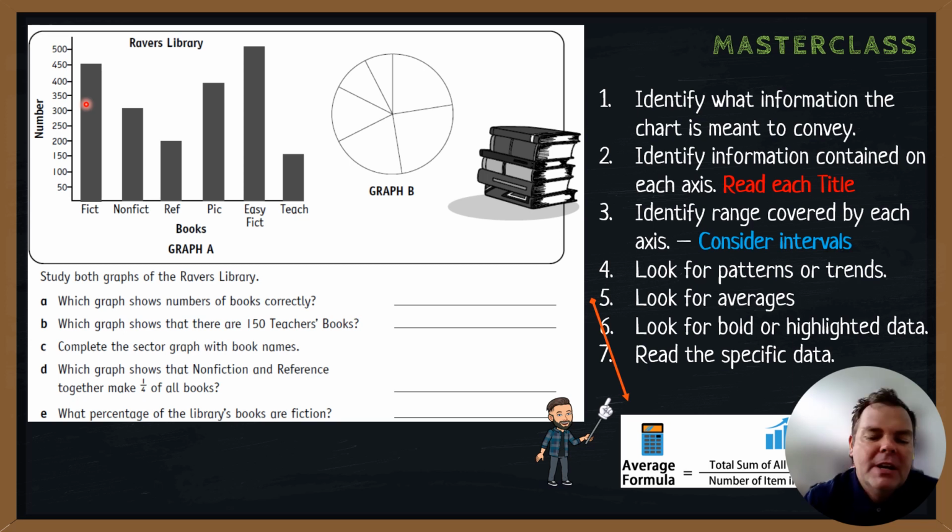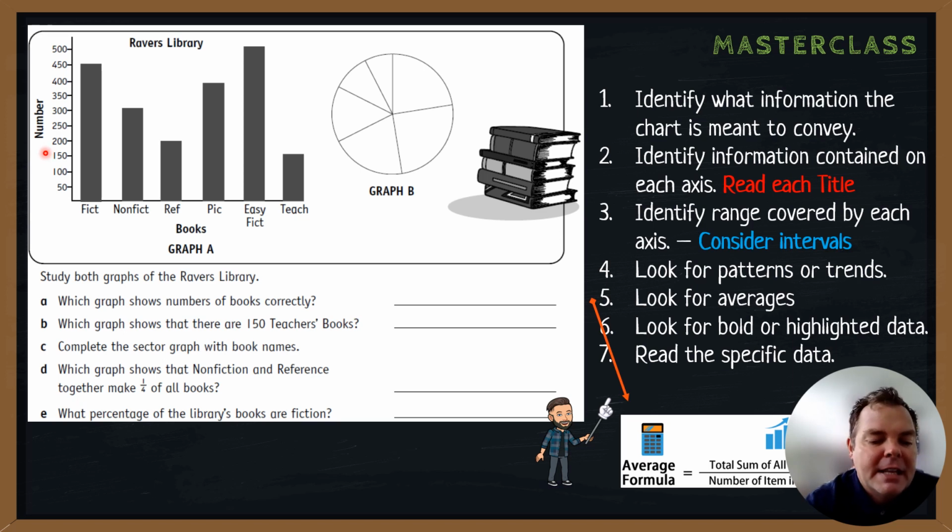I want you to consider the intervals that the person's chosen. You can see here that they've chosen groups of 50. That's consistent. We want to make sure that numbering system is consistent, that we're going up by 50s. We don't just stop and go, I'll go by 10s and then I'll go by 20s. We want to make sure they're going up evenly.